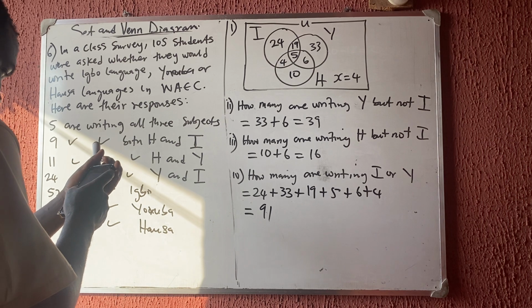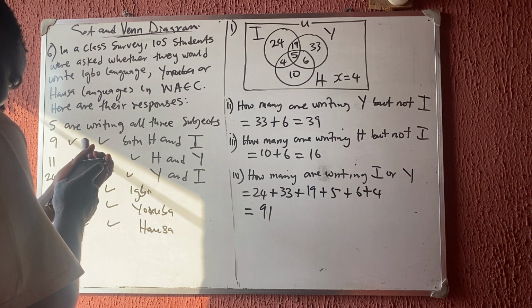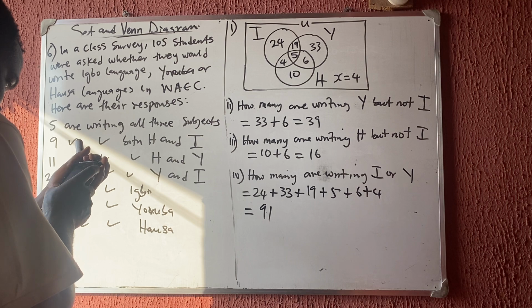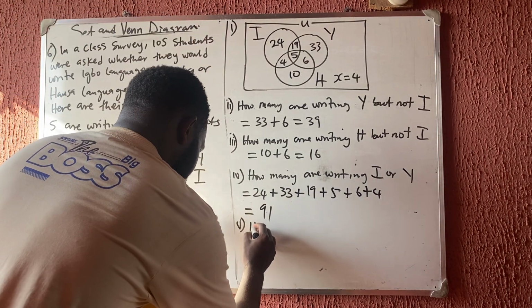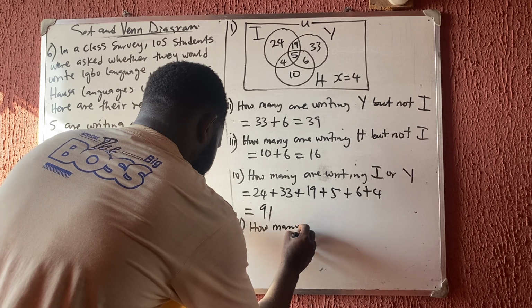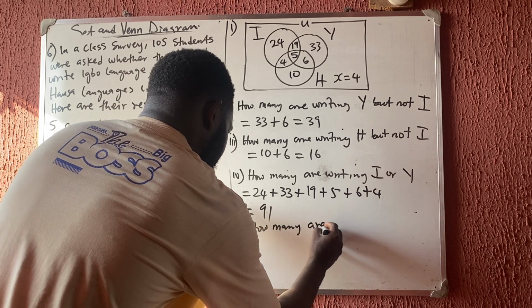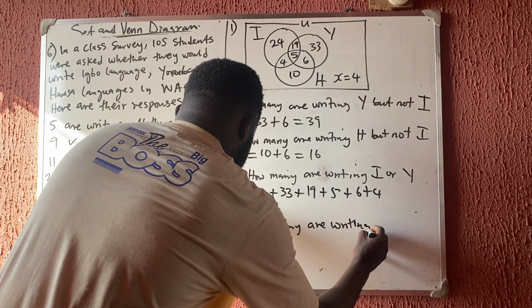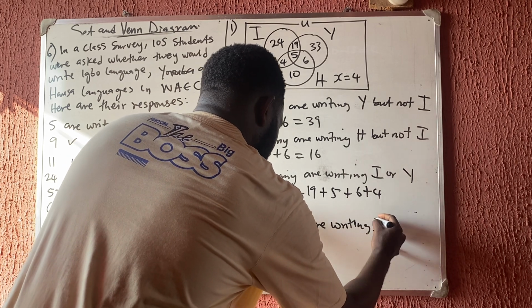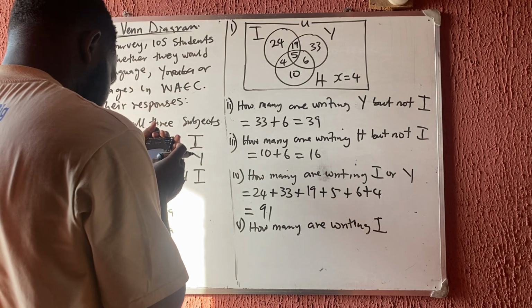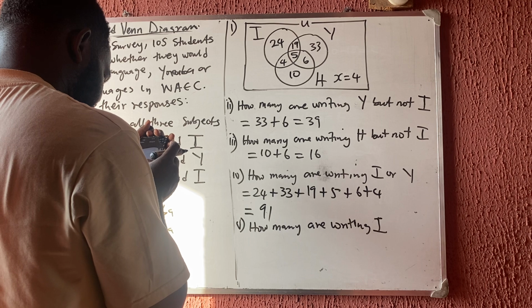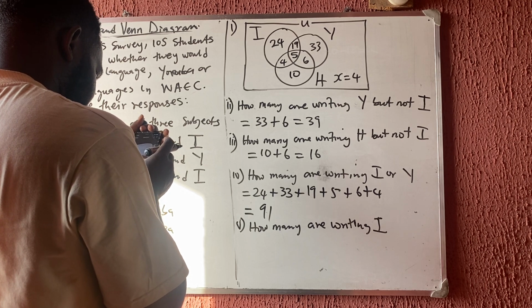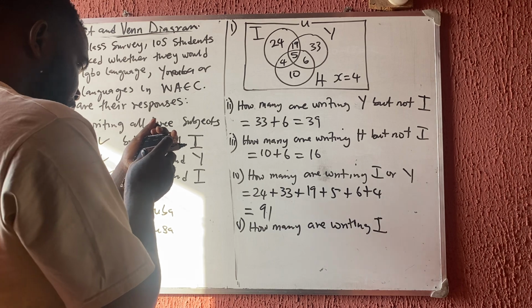So we move to V. V said, how many are writing both Igbo and Yoruba?